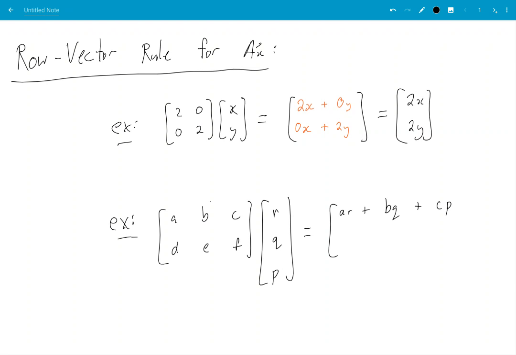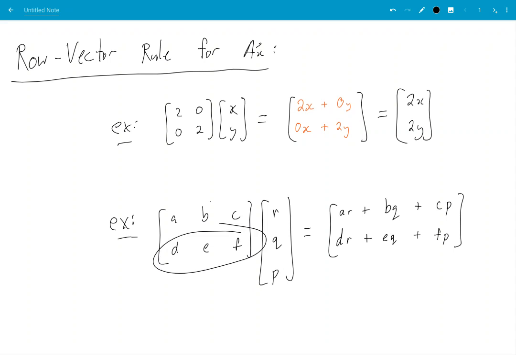And then to get the next entry in my answer, I'll go with this row here. First entry of the row times the first entry of the vector plus EQ plus FP.